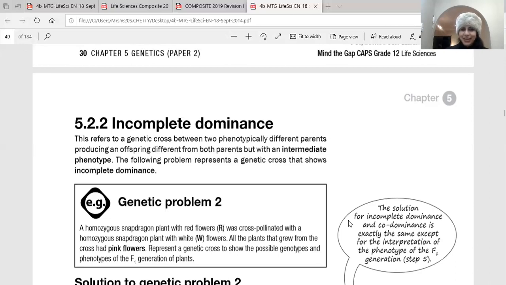In that case, neither was dominant and you came up to an intermediate or an in-between physical appearance of the paint being like light brown. The same thing with incomplete dominance. Neither allele is dominant and the offspring would have an intermediate phenotype. There we go, intermediate phenotype.